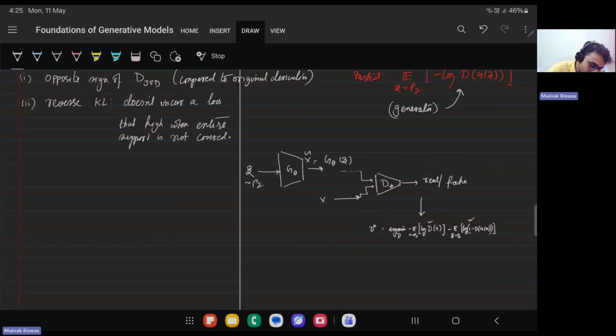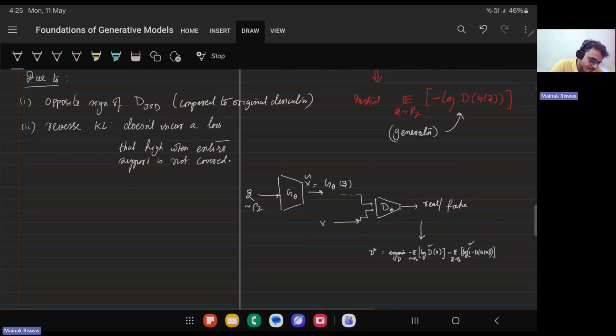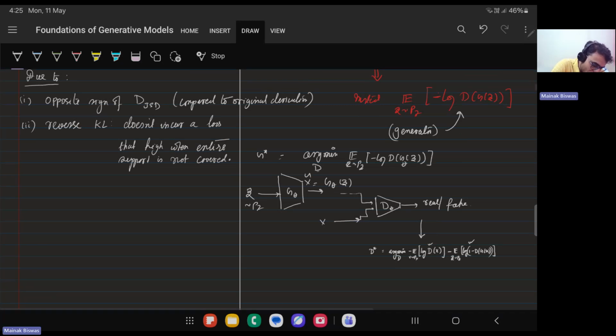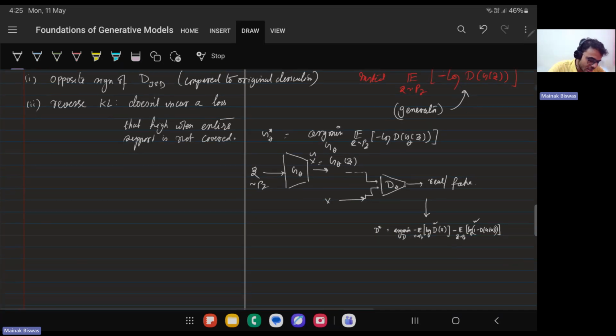So this is what the loss is, and the generator loss is G star, equal to the arg min of the expected value of z being Pz of minus log D of G of z. This is over D, or this is over G. So these are the two losses that we train.